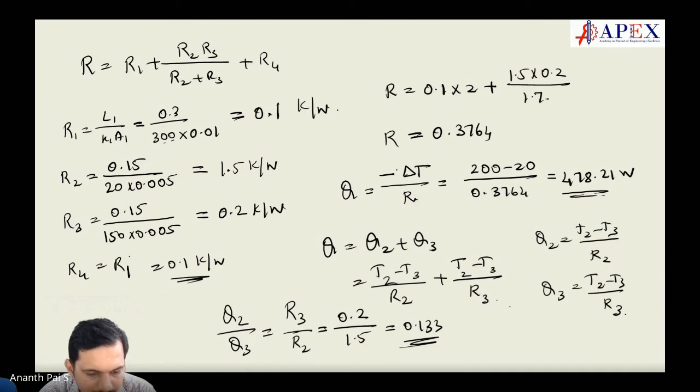The temperature drop in both 2 and 3 is the same, that's what you assume. It has to be the same, does it not? And it is the same, that's what we assume.